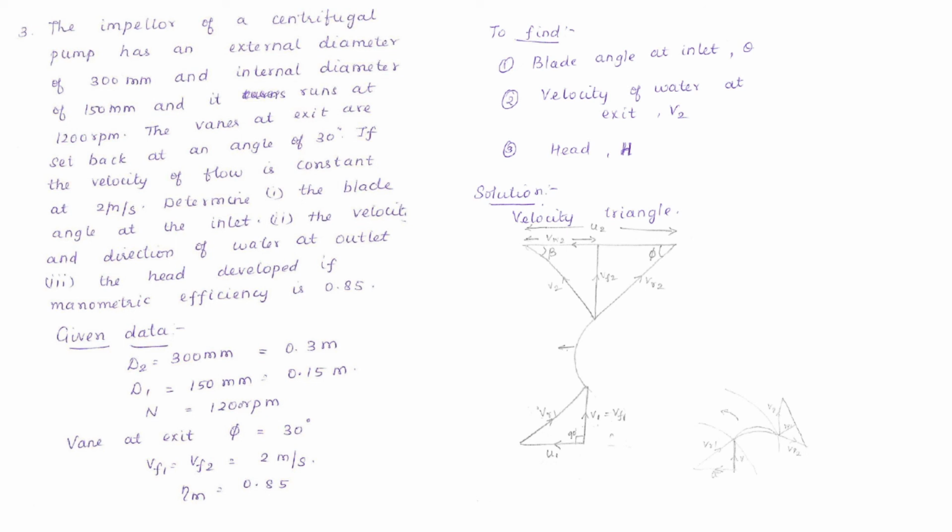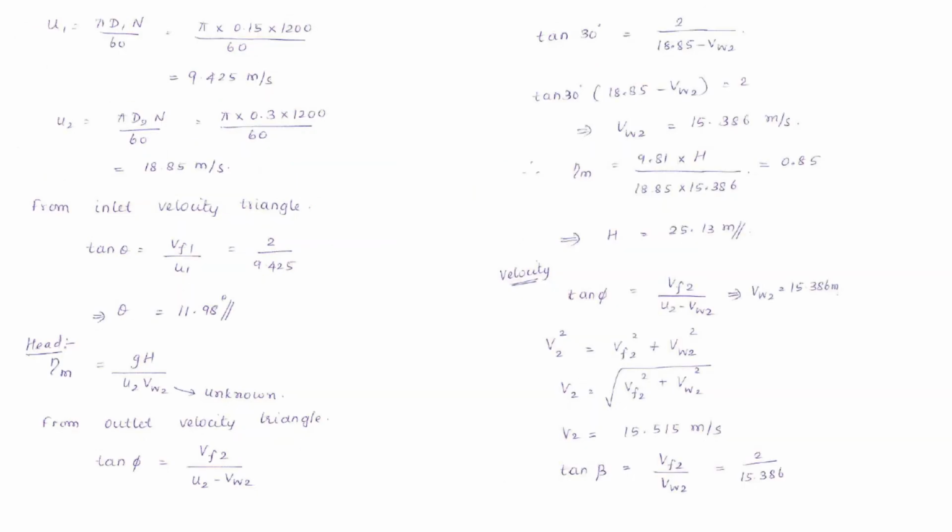So, first we have to find the blade angle at the inlet. How to find the blade angle at the inlet? So, tan theta is equal to, from the triangle, VF1 divided by U1. Here, VF1 is given in the problem, but we don't know what is U1.